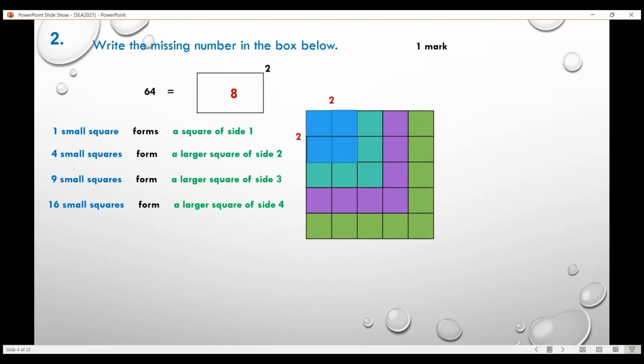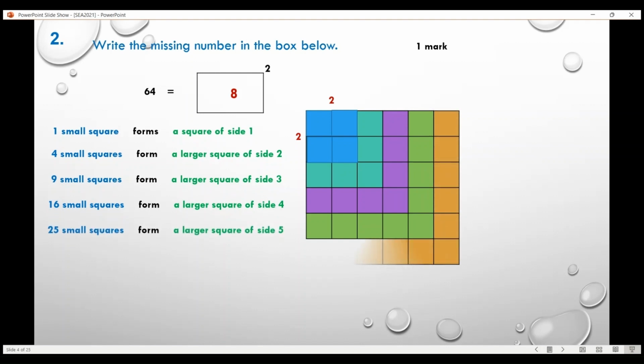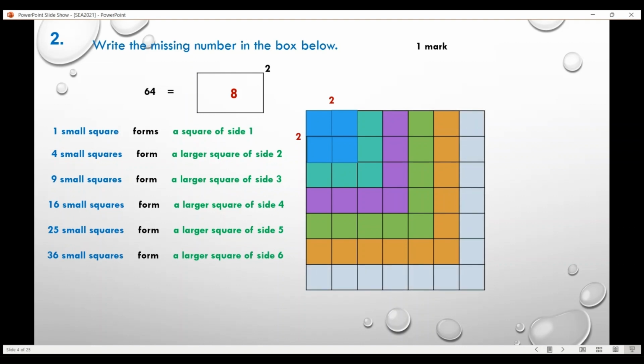And if we increased it again, we would now add 25 small squares forming a larger square of side 5. And we keep increasing, we get 36 small squares forming a larger square of side 6. And then going even larger, we have 7 across by 7 down.